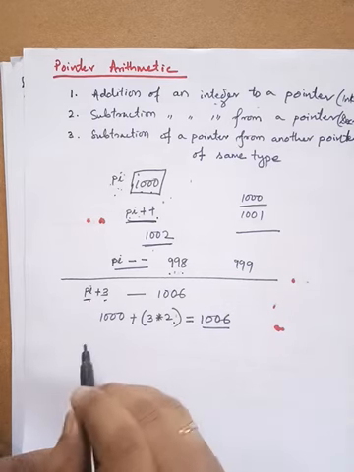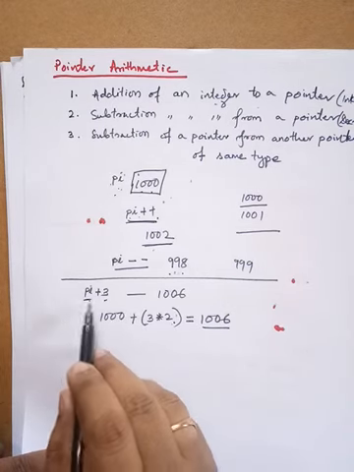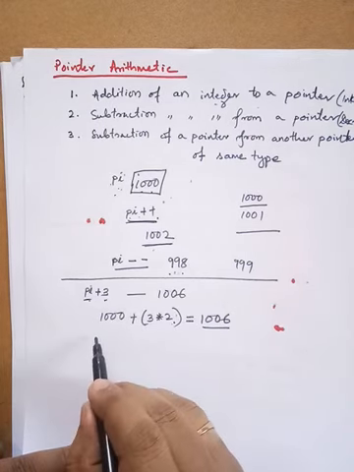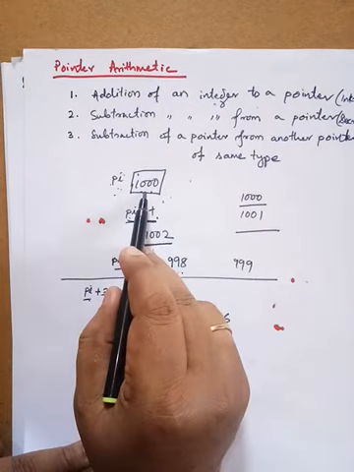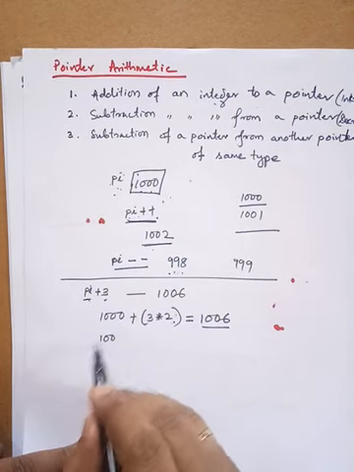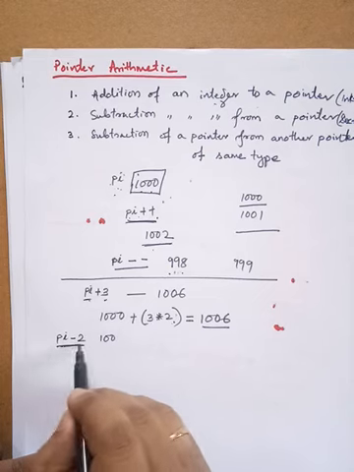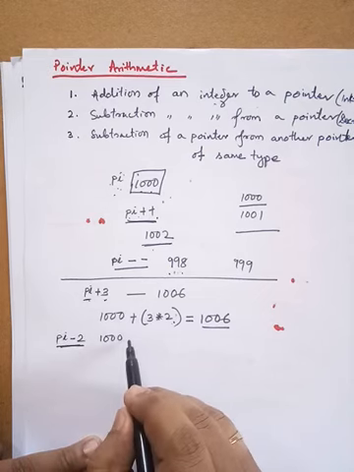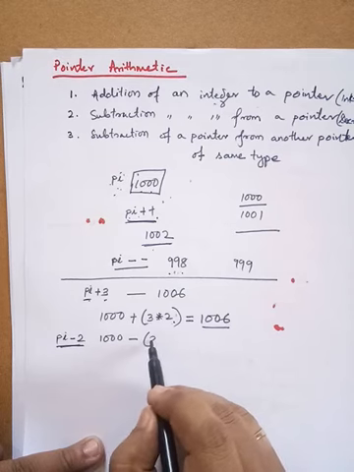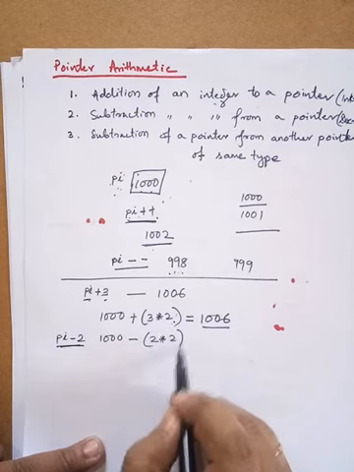Similarly, if you decrement by 2, suppose pi holds the address 1000, if you decrement pi minus 2, that will be 1000 minus 2 into 2.